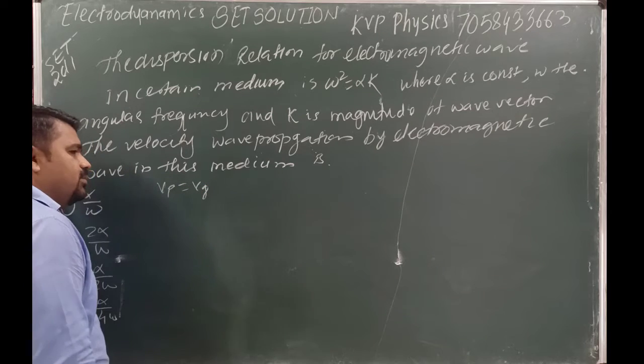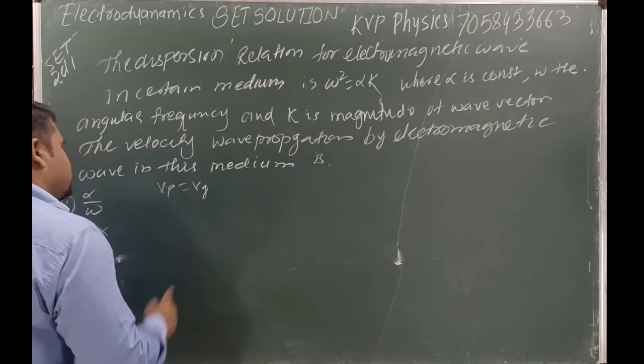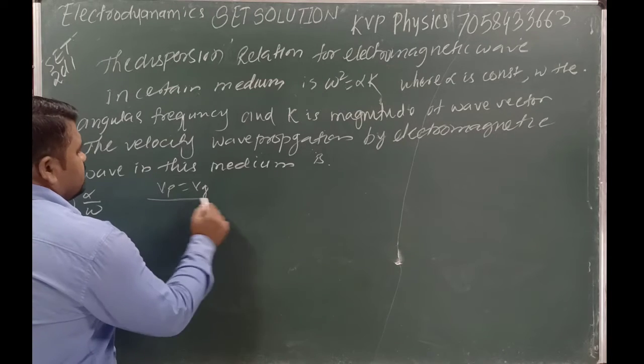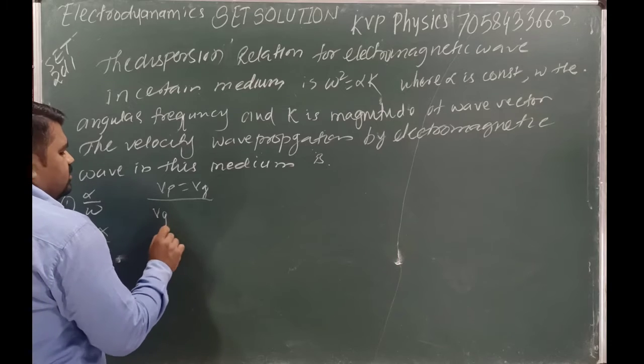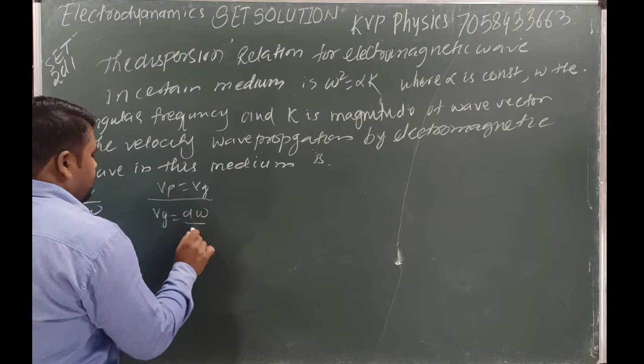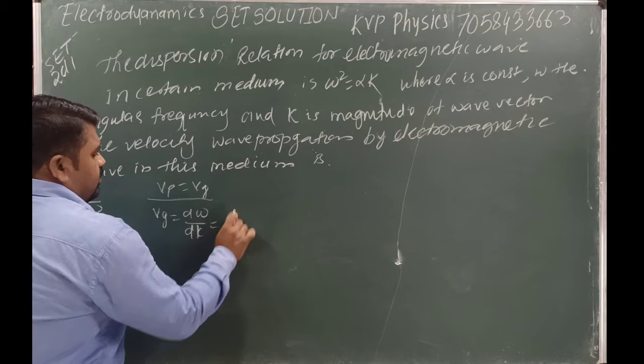We can apply the de Broglie's law and another concept also. In this case we can take V is equal to Vg. Then Vg is equal to dω upon dk.